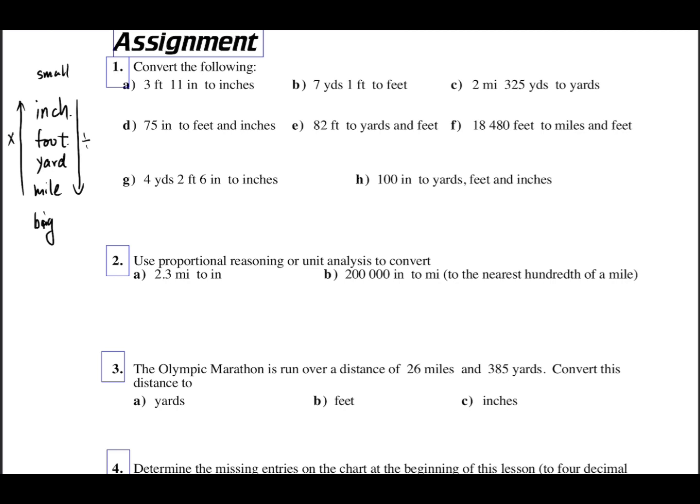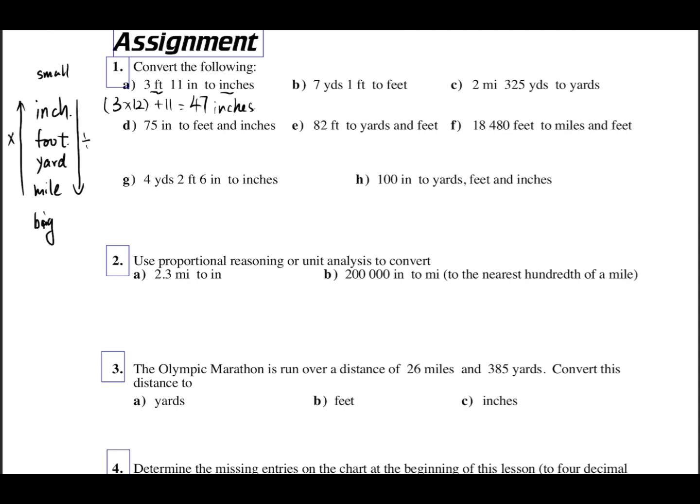For the first one, 3 feet and 11 inches, it's feet to inches, so it's big to small. So we use multiplication: 3 times 12 plus 11 equals 47 inches.